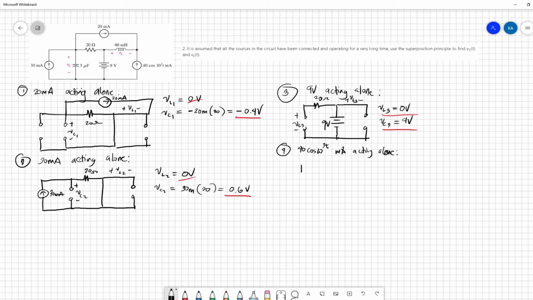Since our source is not DC, but is changing through time, the capacitor is not open and the inductor is not shorted. Now since this is shorted right here, the current of this current source is just flowing through this mesh.